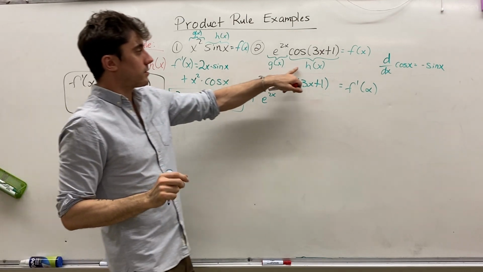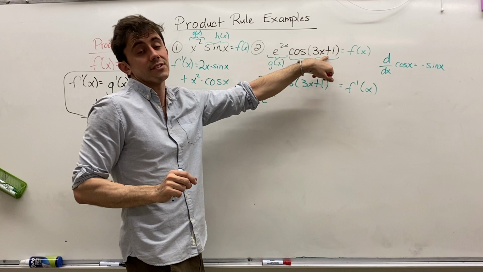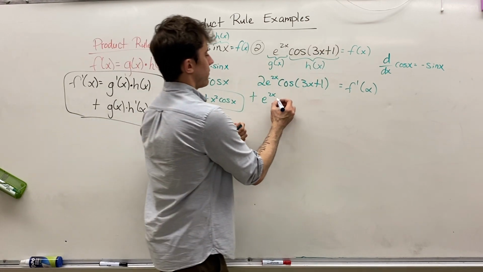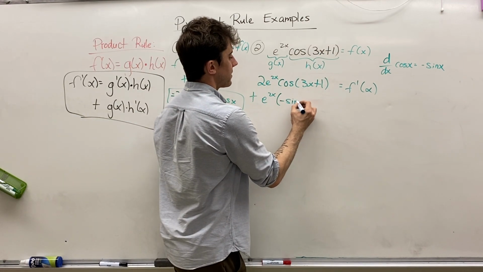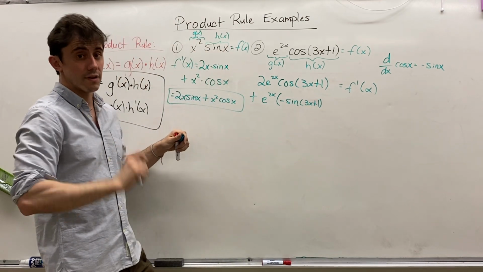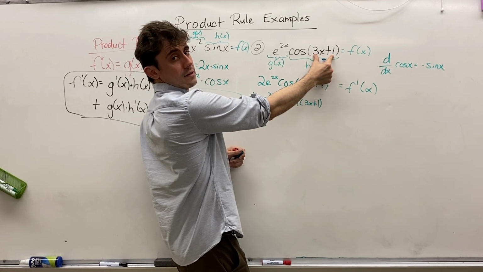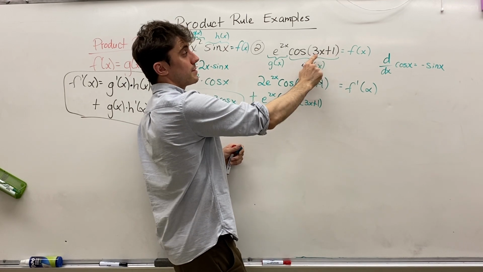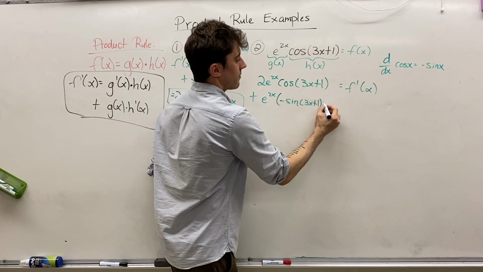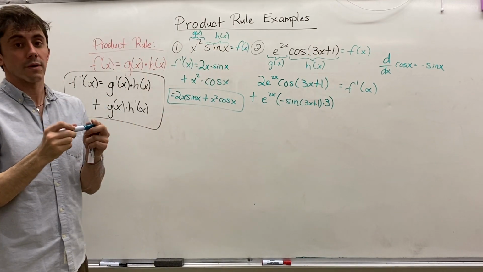So using our chain rule, because we have a function inside of the cos, we're going to have negative sine of 3x plus 1 times the derivative of this inner piece, 3x plus 1. The derivative of 3x plus 1 is simply 3, and so we're going to have a factor of times 3. All of that being multiplied, okay?